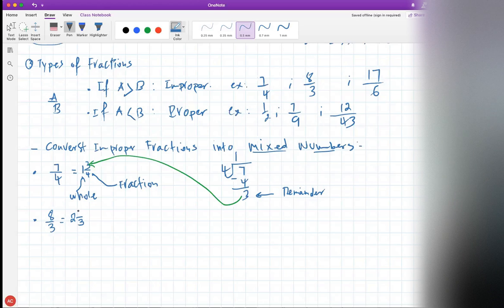What is the remainder? 2. The remainder from 8 is 2. Again, if you want to do the division like this, 3 into 8, that's twice. 2 times 3, that's 6. You subtract, you have 2 left. Again, this is a remainder. This 2 is the one that goes here. This 2 comes from 8 divided by 3 being 2.